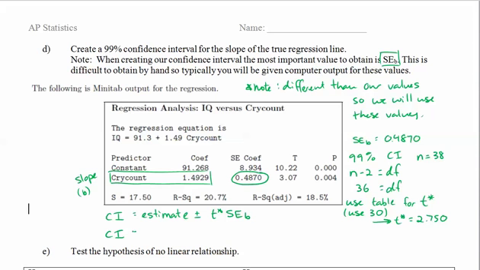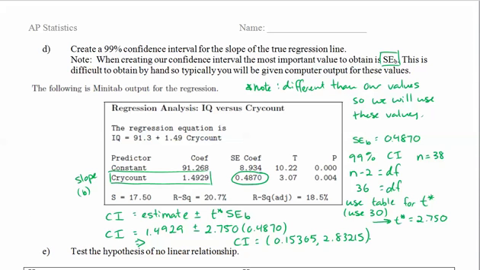Our estimate was the cry count coefficient, so 1.4929, plus or minus our t-value, which is 2.750 from the table, and SEB from our data is 0.4870. When we calculate this out, we get a confidence interval of 0.15365, I believe, to 2.83215.